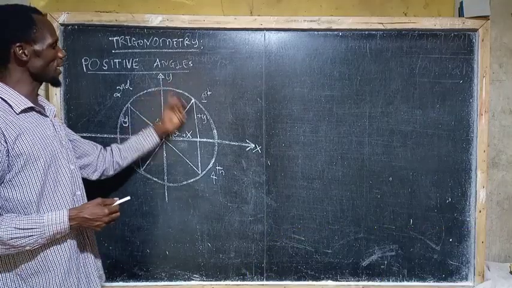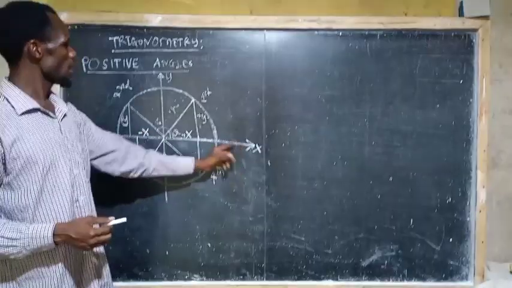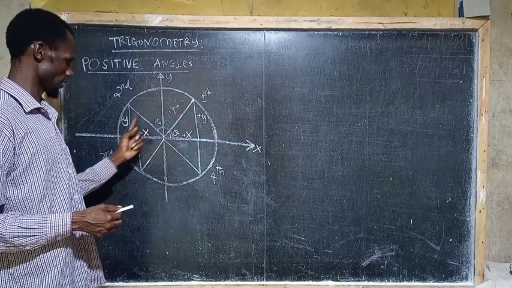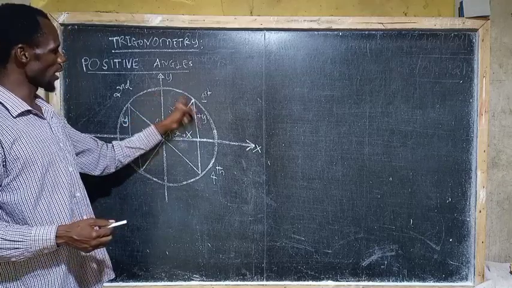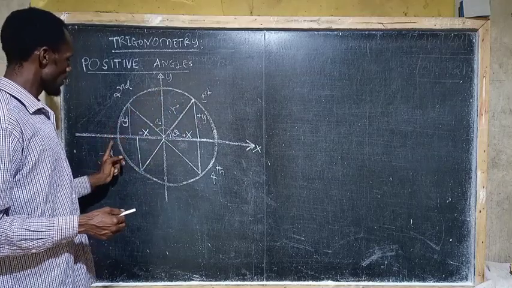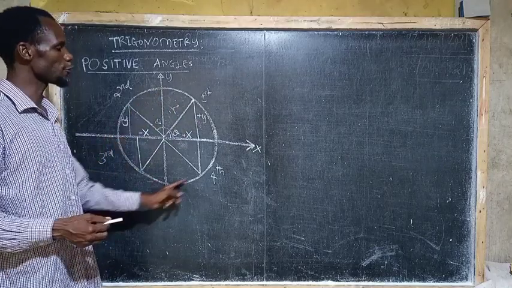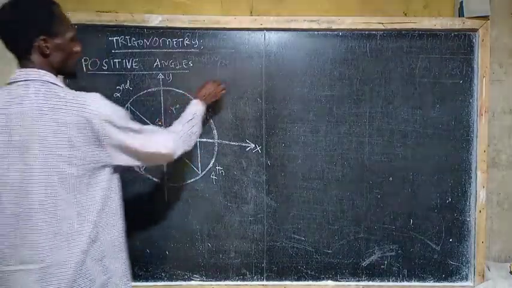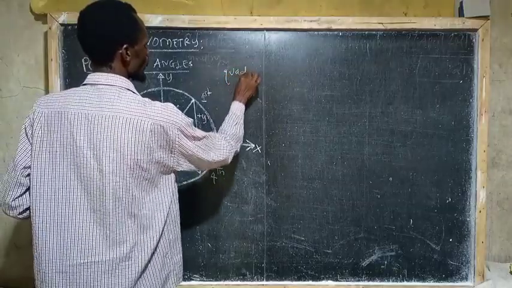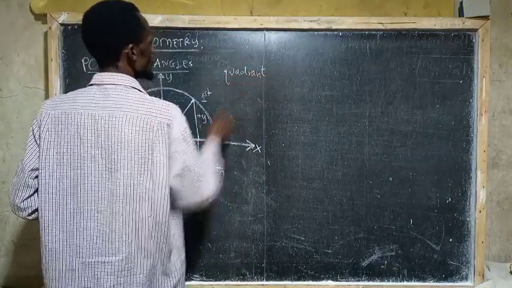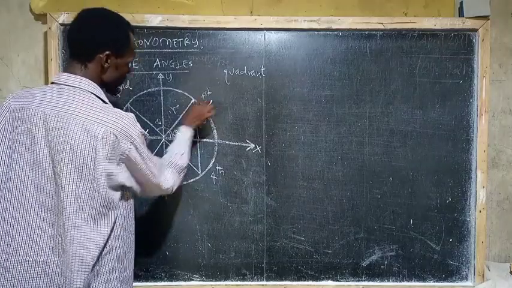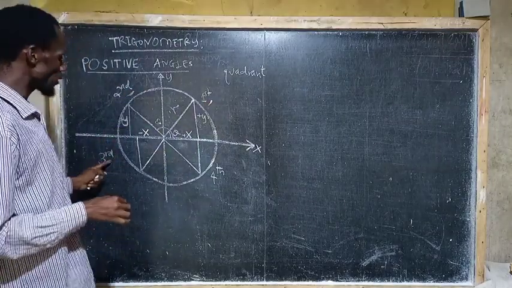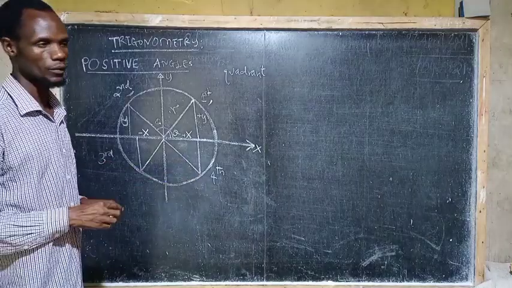Using the concept of the XY plane, this circle will be divided into 4 quarters. The first quarter, the second quarter, the third quarter, and the fourth quarter. And those quarters are called quadrants. So we have the first quadrant, the second quadrant, the third one and the fourth one.